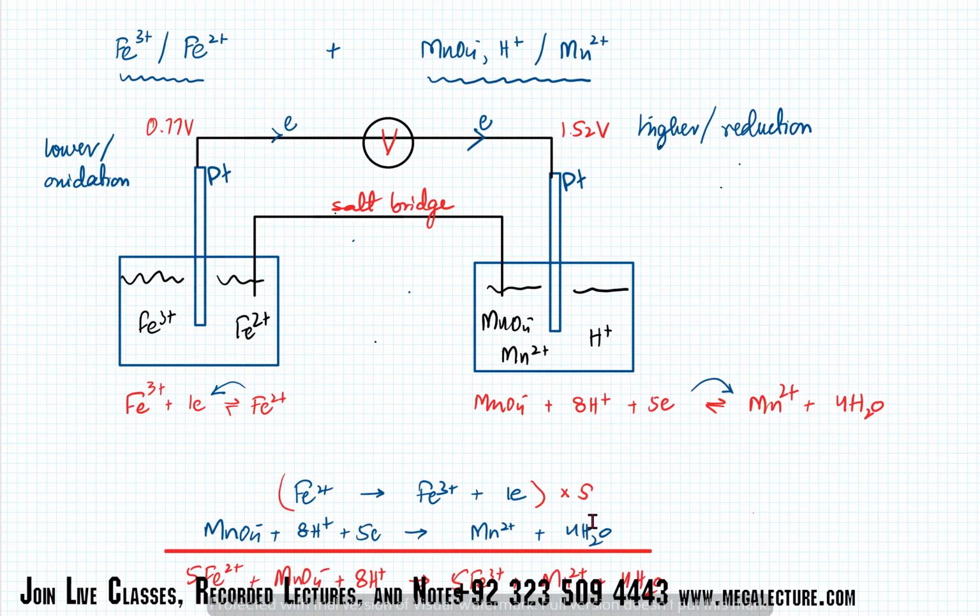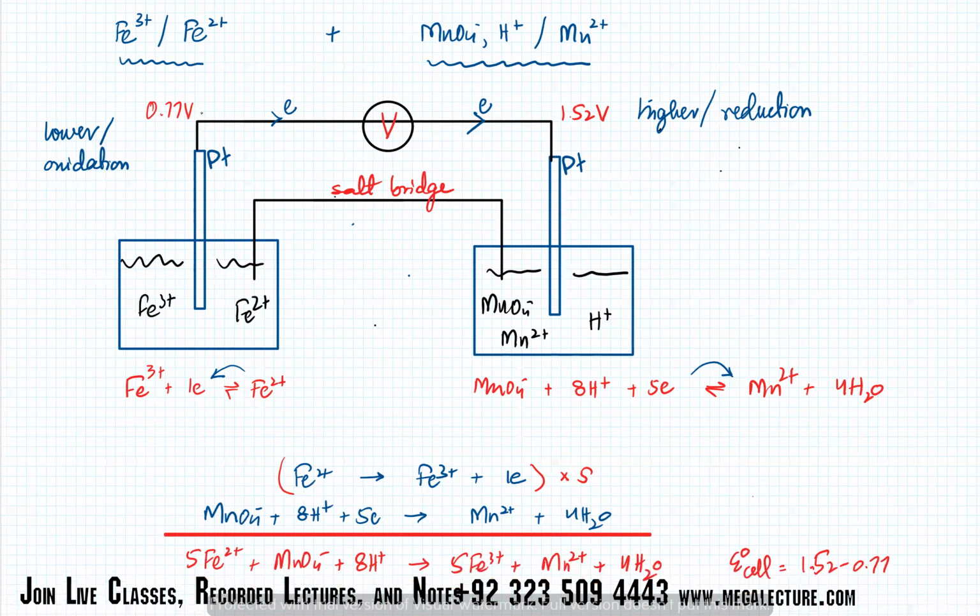I was able to come up with the entire redox reaction by figuring out that the higher one gains and the lower one loses. And I can write the E0 cell as well: higher potential minus lower potential, or reduction potential minus oxidation potential. So it's 1.52 minus 0.77.